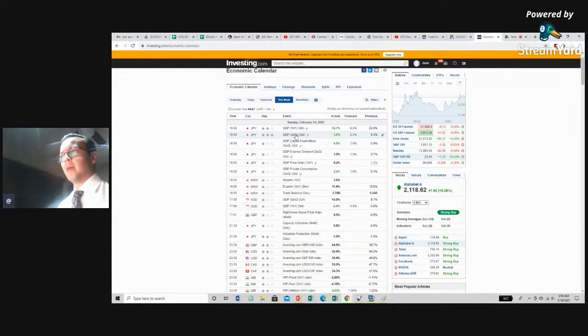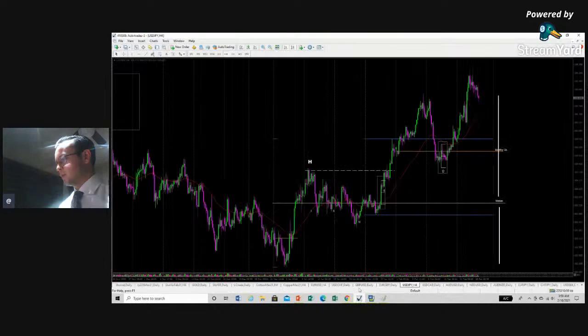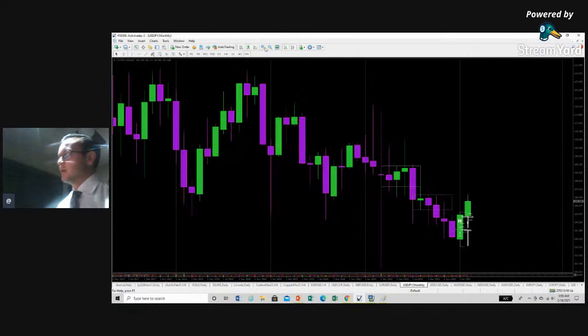This is a macro variable, the GDP of a country, and it is representing 4 months of analysis. So it is a macro point. So that is representing this over here.